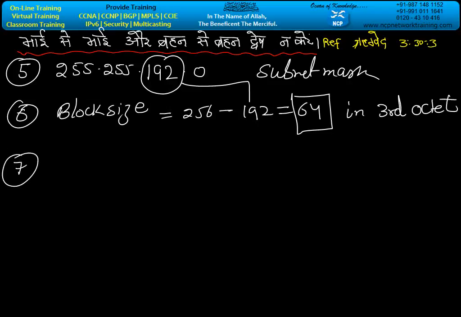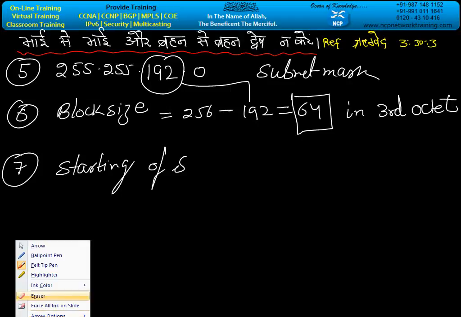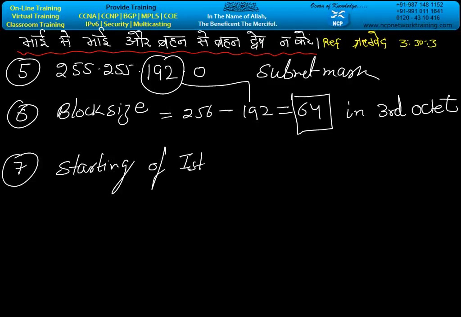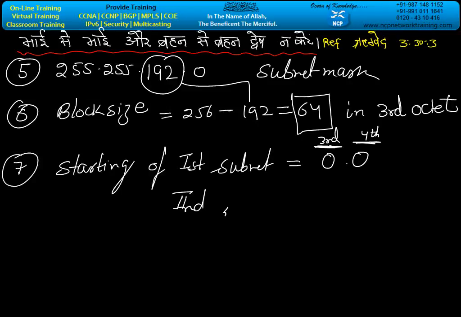Step number 7 is starting of first subnet. From where first subnet will start, starting of first subnet. Zero dot zero, because this is the third octet and this is the fourth octet. Second subnet will start from, we will add 64 in third octet, 64.0.